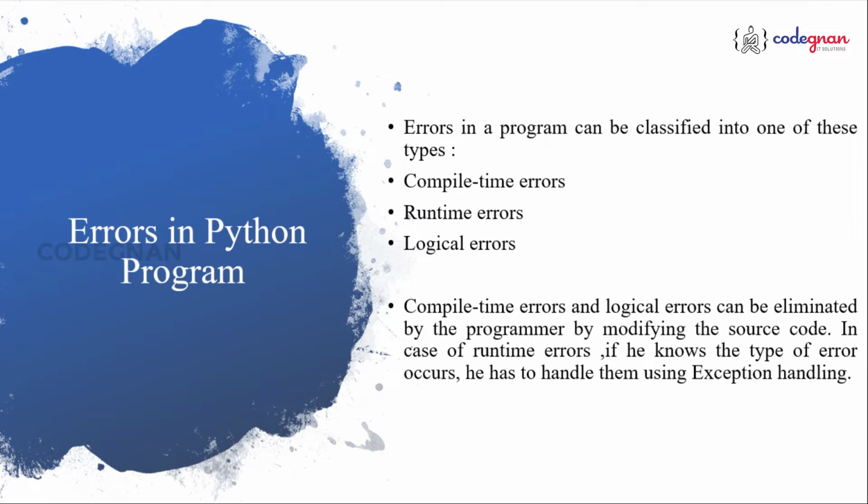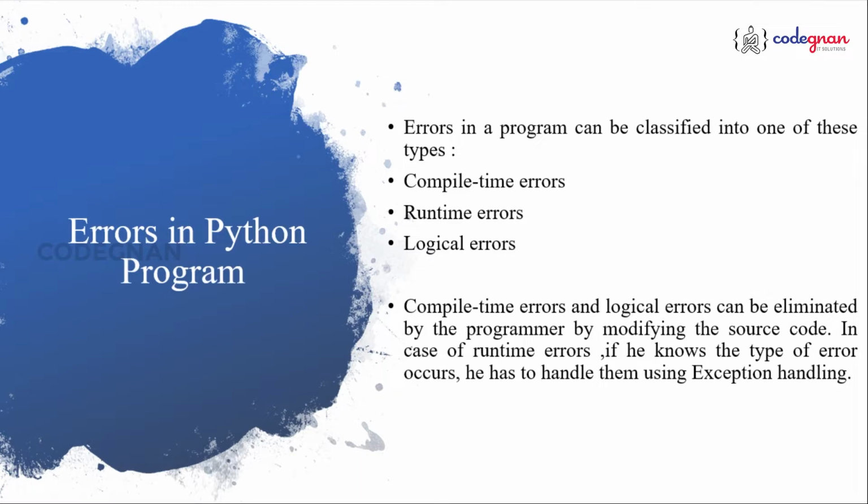Even in Python, we can classify the errors into three types, mainly compile time errors, runtime errors, and logical errors, right? So what are these? Let me make it very simple. Compile time errors happen when you're writing your code.